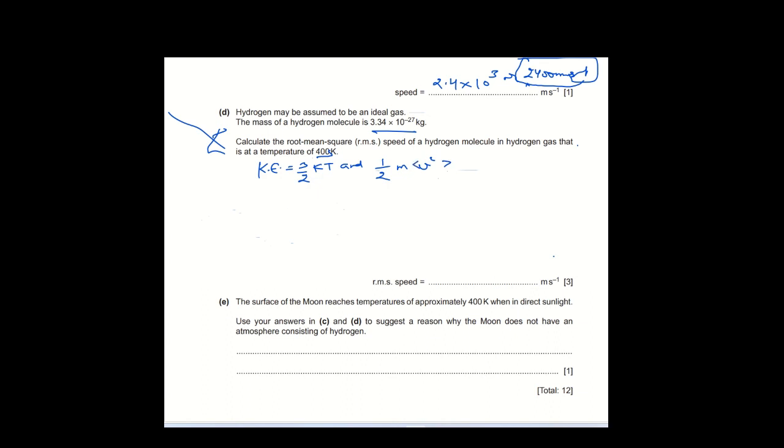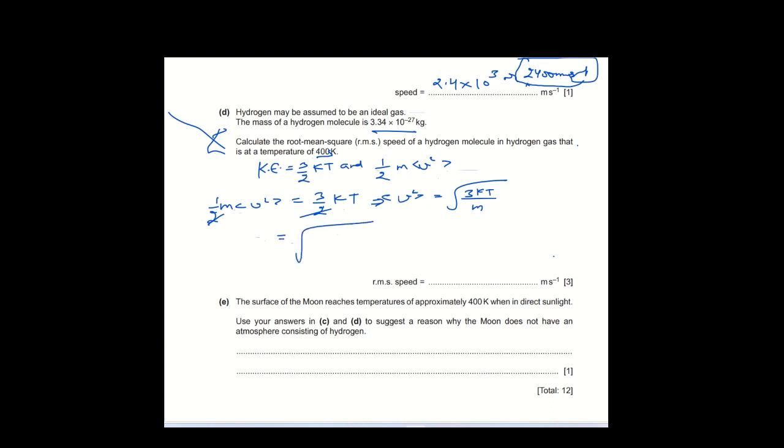So on equating these two equations, we get half mv square is equal to 3 by 2 kT. The 2 and 2 will cancel out, so we can write that v is equal to the square root of 3kT divided by m, where k is the Boltzmann constant.